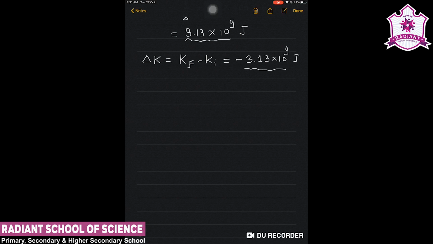And we also know that delta V is 2 times delta E, so that is minus 6.26 into 10 to the power 9 joules. So this would be the change in potential energy that we can obtain.